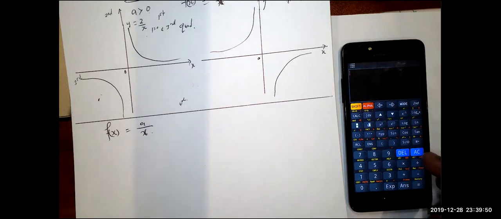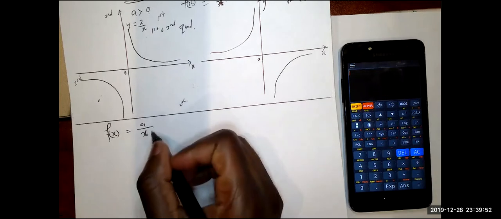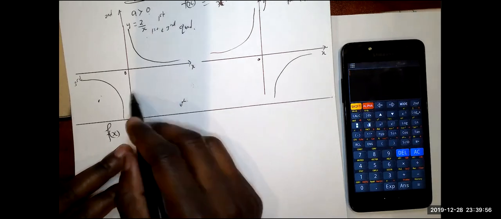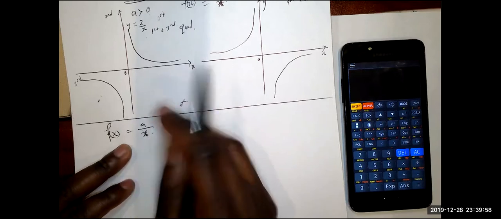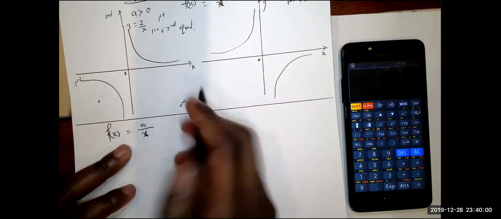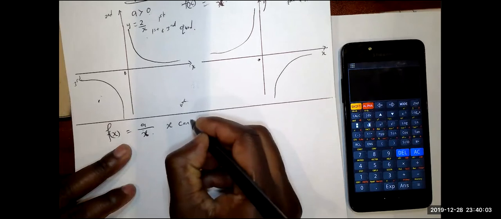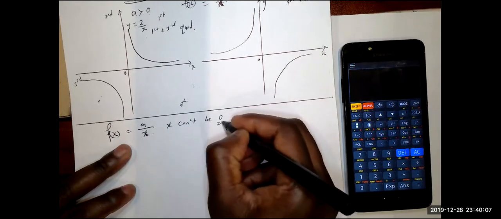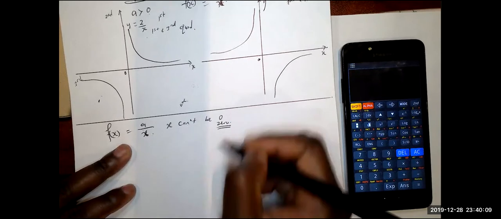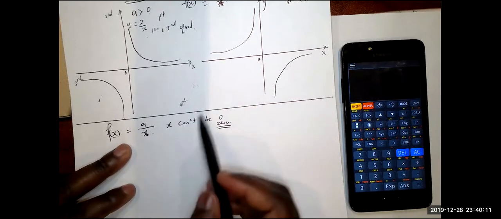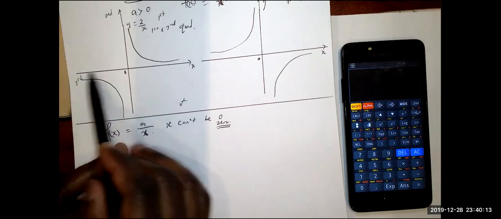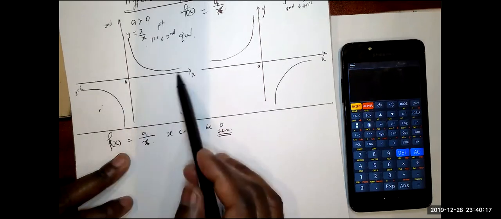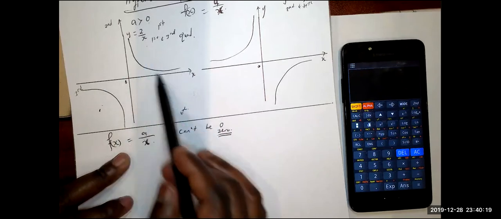It doesn't happen like that. So it means that your graph must not touch x equals 0, so x can't be 0. That's why you see the graph hanging there, not touching the axis.